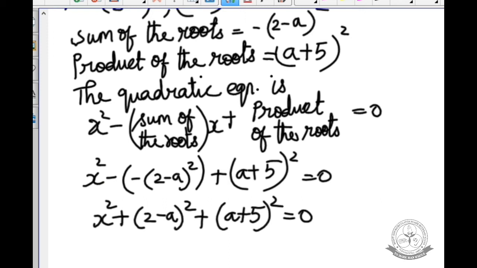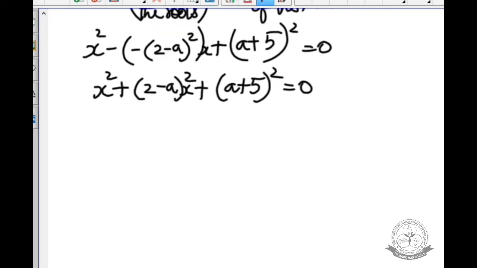No need to expand, keep as it is, because it is a quadratic equation in the variable x, so we are having x squared. If we expand, it will come in the variable a, so you keep as it is. This is our answer. So first subdivision over.